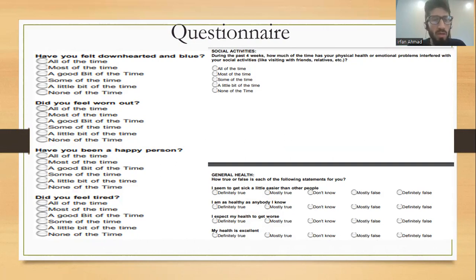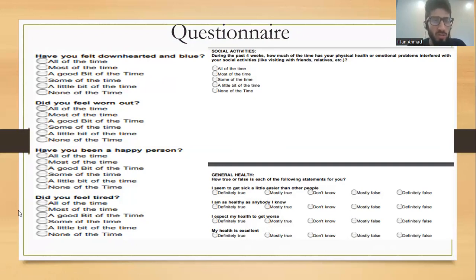For SF-36 there is one basic rule you have to keep in mind: a higher value will be given to the option that represents better quality of life. Okay, a higher score will be given to the option that represents better quality of life.